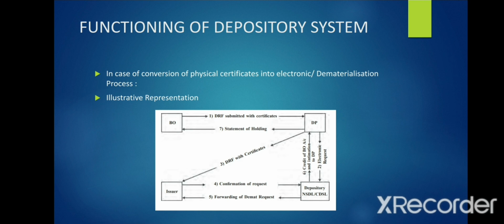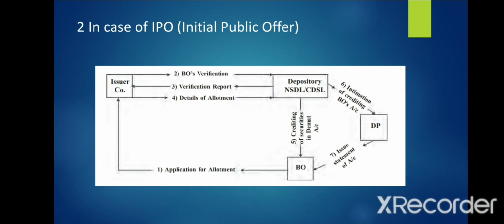Now, let's move on. Next slide. In case of IPO, initial public offer, the beneficial owner submits his application for securities to the issuer company.